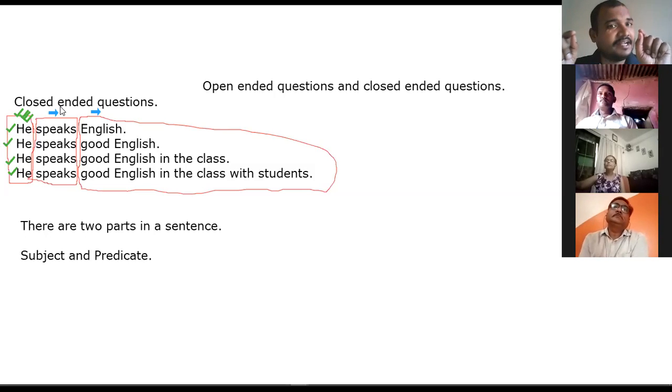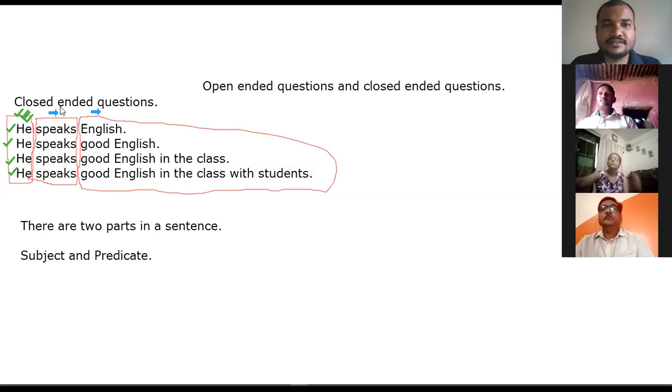If you are able to identify the main verb, then nearly 70% of your job is completed. Then you need to identify one more thing and just replace it. Then your job is complete.